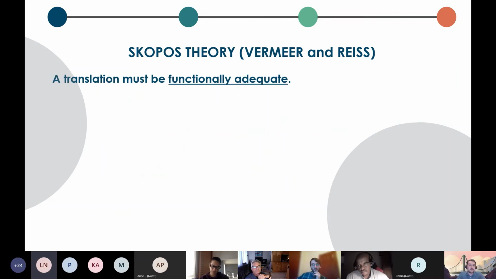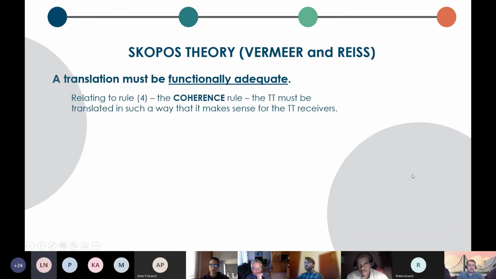But basically, the Scopus theory says that, and especially rules 4 and 5, a translation must be functionally adequate. What does that mean? So relating to 4, the coherence rule, it must be translated in a way that makes sense for the target text receivers. So let's say, for example, you are translating a piece of legislation with a bunch of legalese in it, and you're translating it for people who aren't lawyers.